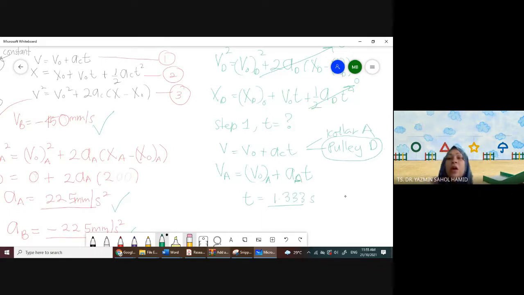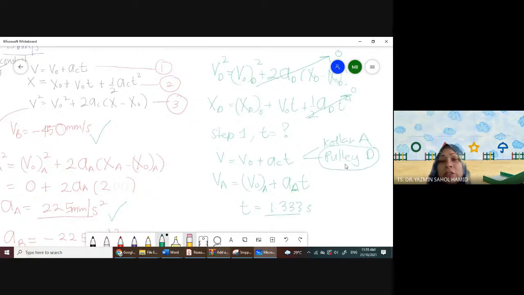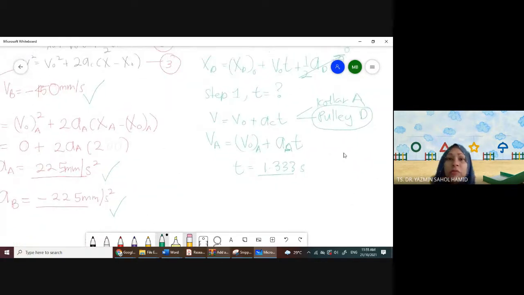So from here, 1.33 seconds, all you need to do is put it in the equation to find the change in position. So if we bring this down here, xd minus xd naught equals v naught t. V naught here is for d.